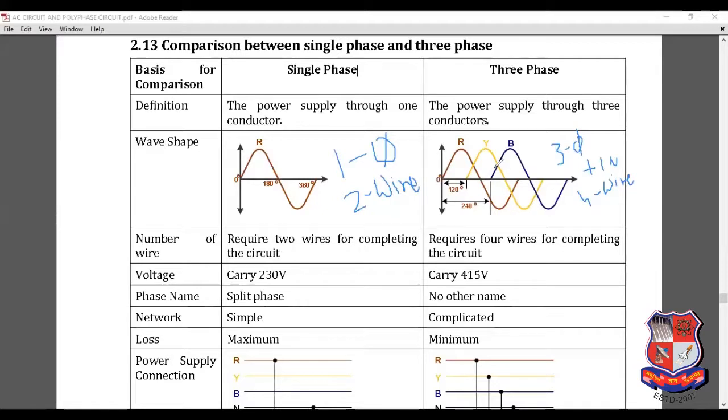The major advantage of this three-phase circuit is that it is a self-starting device. If we are talking about the three-phase induction motor, then it is self-starting. Whereas in case of a single-phase motor, it is not a self-starting motor. Why? Because RMF is absent over here. So the rotating magnetic field is not there.